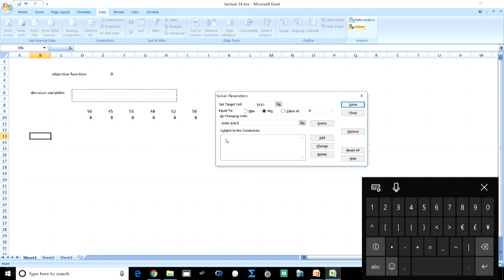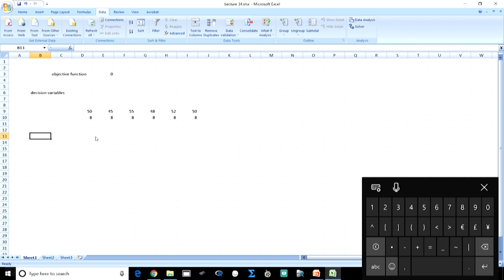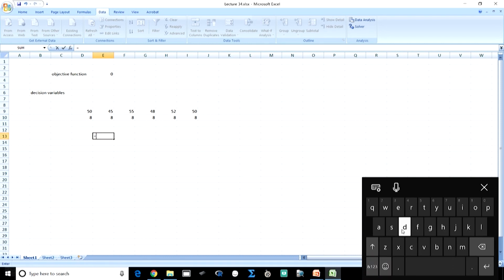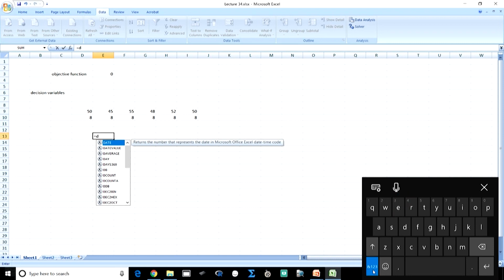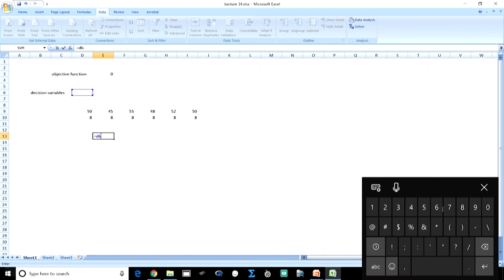Now we have to come here. Our formula we need to put, and the formula which we need to put here is going to come with this equal sign: D6 minus 100.